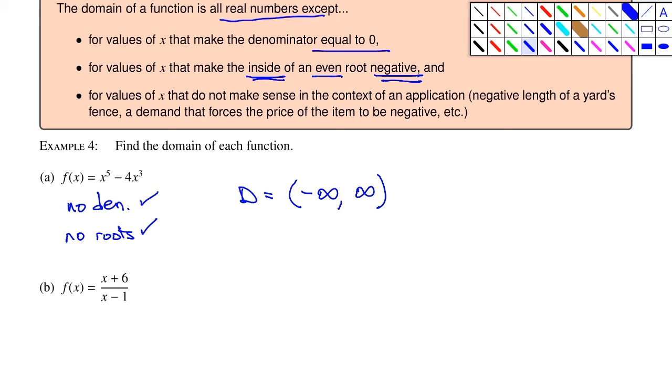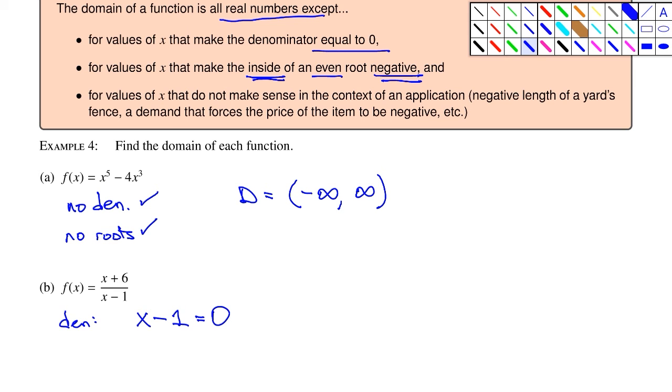Part B says f of x is equal to x plus 6 over x minus 1. Well, we do have a denominator, so we have to worry about that. The rule for the denominator is that the values of x that we use in the domain cannot allow the denominator to be equal to 0. So to find those x's, I'm just going to go ahead and set the denominator equal to 0.